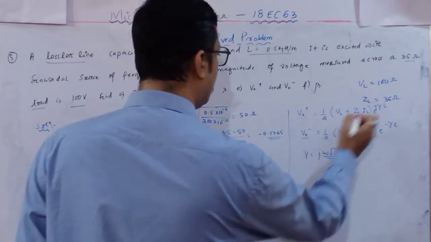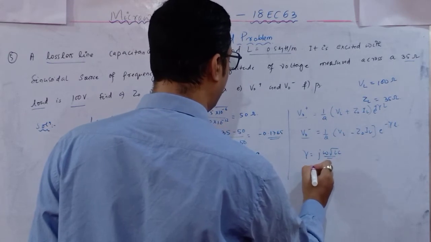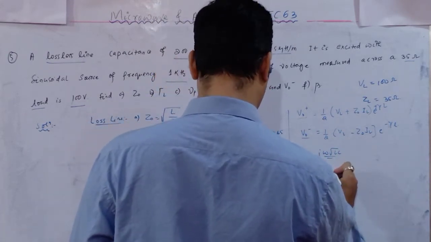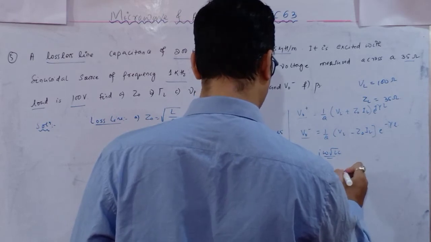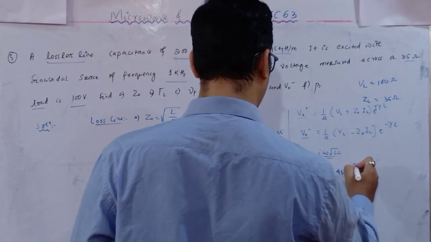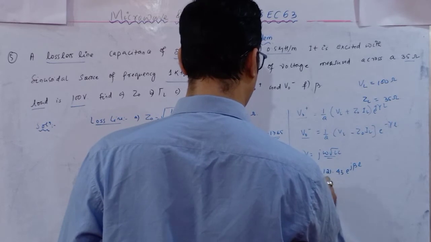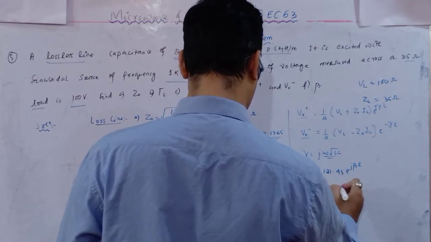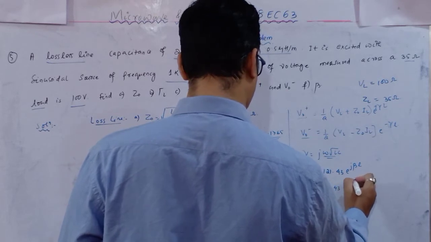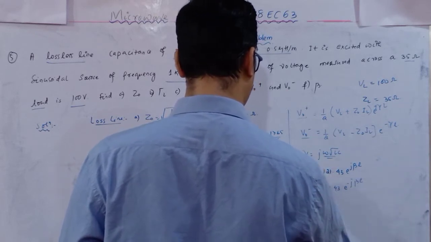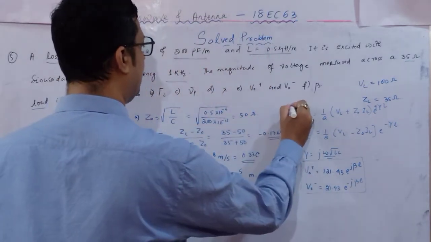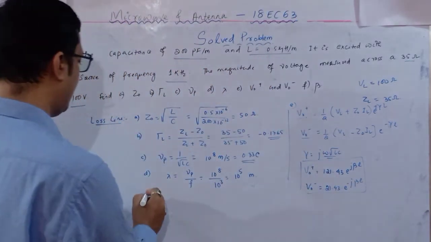So if you solve this, your V naught plus value will become 121.43 e to the power j beta L, and V naught minus you will get 21.43 e to the power minus j beta L. So these are the two values you will get. And what is our beta?